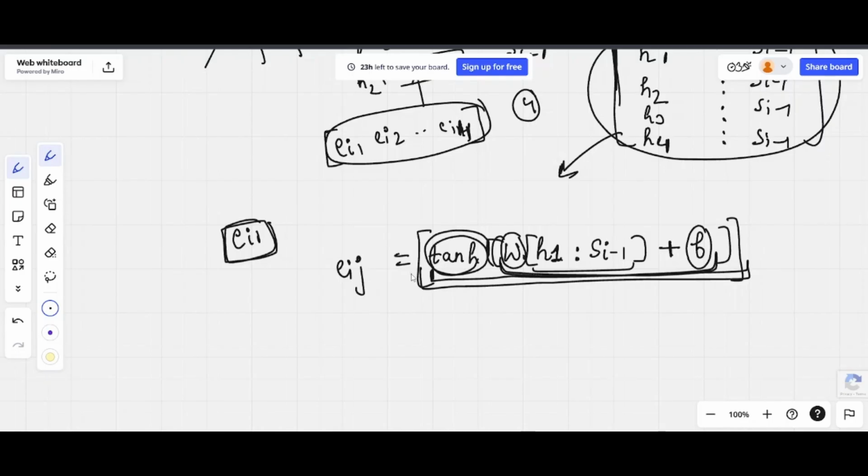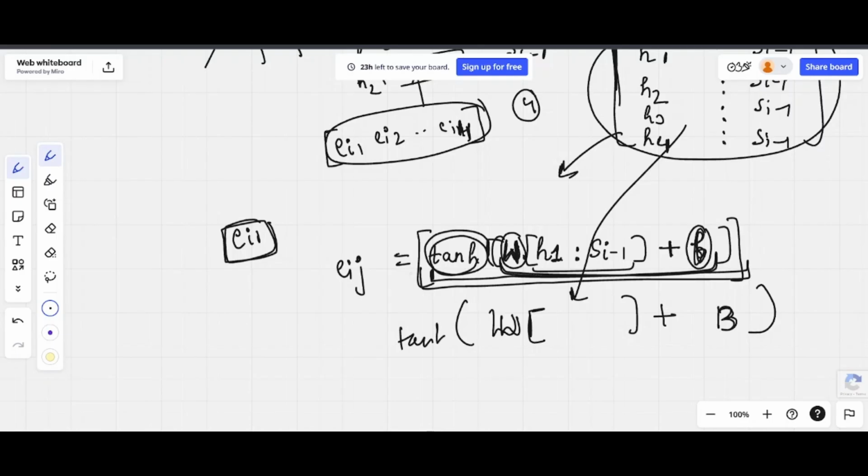Now instead of passing weights or biases this way, what if we use the entire matrix of weights and the entire matrix of biases, and then apply tanh on the entire matrix? If we do this kind of mathematical calculation, then what we will get as output is a vector of EIJs.